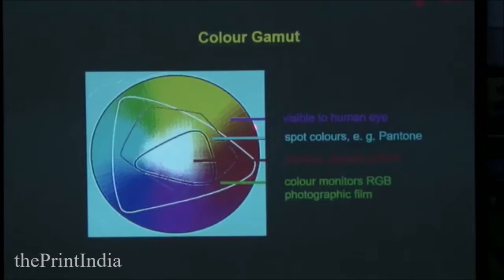The human eye can see the maximum number of colors. What we see on the monitor is like this, or photographic film. This is Pantone special colors, and this is CMYK. It will be different depending on your printing conditions, inks, and paper, because it depends on the tone reproduction limit. I showed you a slide earlier that decides this gamut.